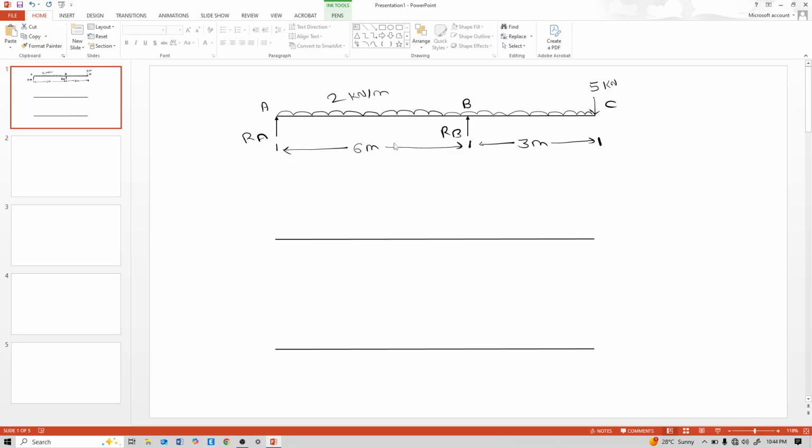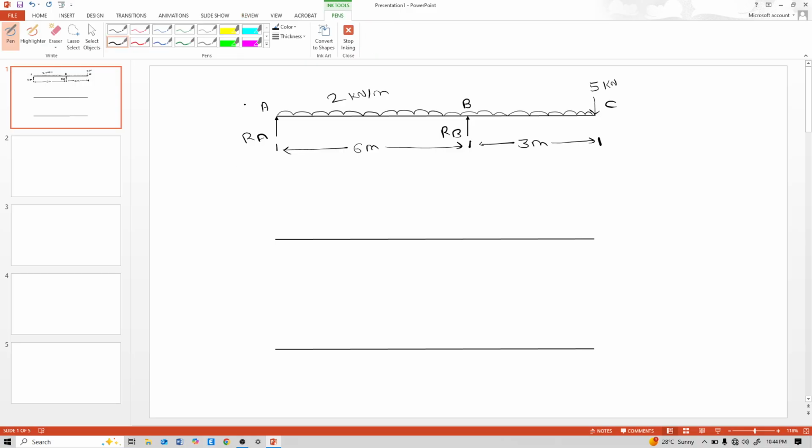So first, judge the shear force diagram of this beam. From left hand side to right hand side, see this beam. See first reaction RA. It is vertical, so shear goes vertical due to this reaction RA.